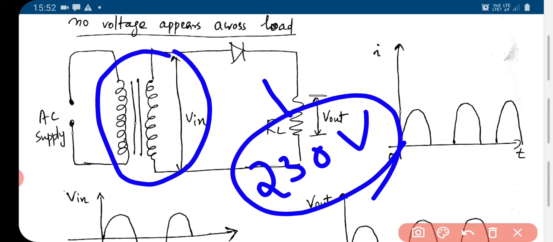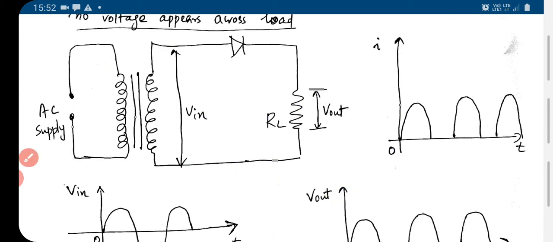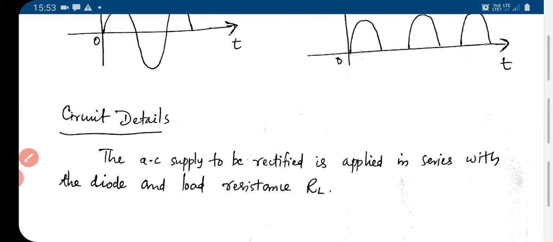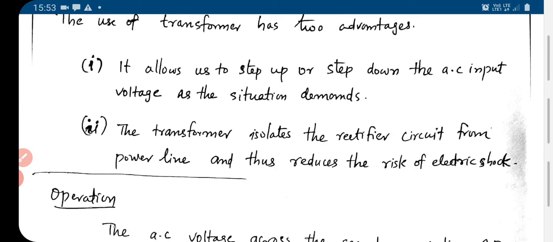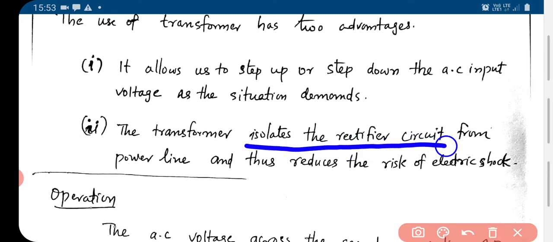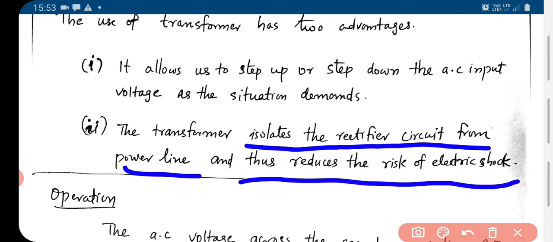So we step down the voltage, we reduce the voltage, and the transformer also allows the isolation of the rectifier circuit from the power line, and thus reduces the risk of electric shock. The transformer is providing the isolation, so whatever high voltage, high current, will not affect the rectifier circuit.